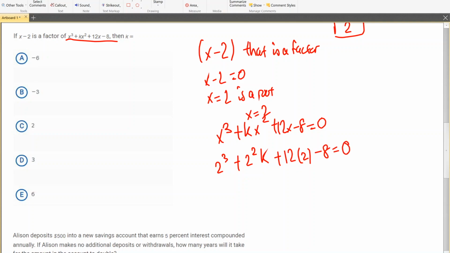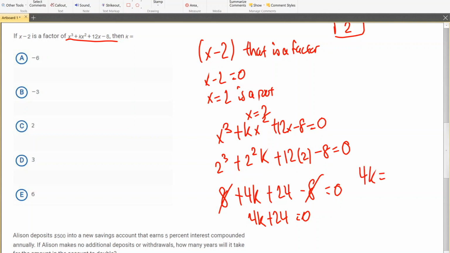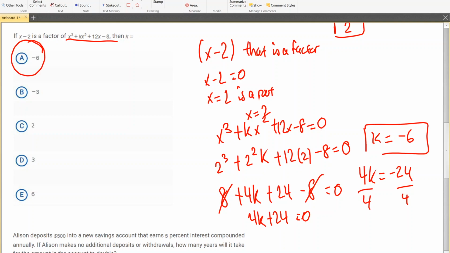Now we just multiply everything out. That'd be 8, that'd be 4k plus 24 minus 8, so these 8's cross out. And 4k plus 24 is equal to 0. Now we move that 24 to the other side. 4k is equal to negative 24, and k is equal to negative 6 once we divide it out. So A is the answer.